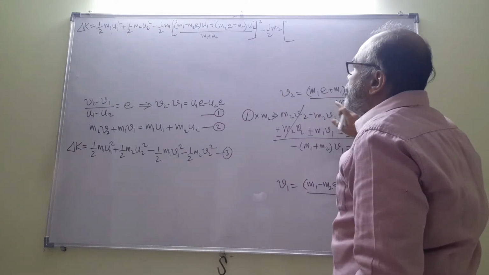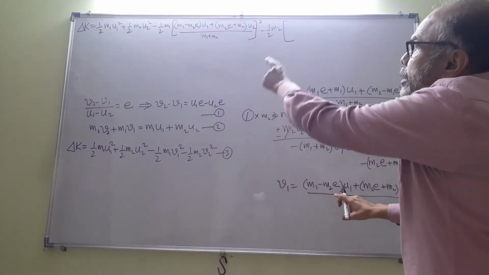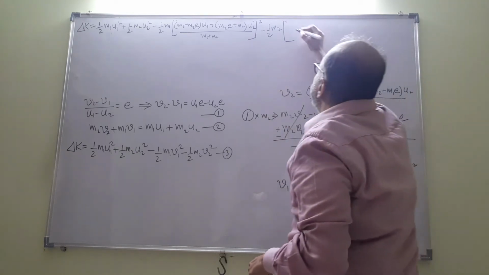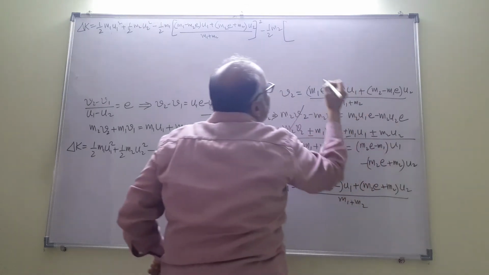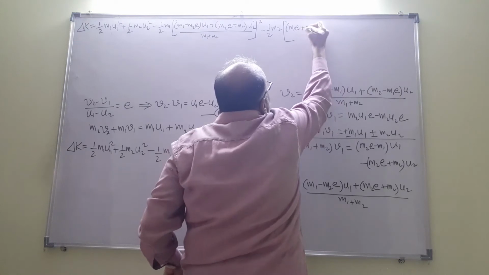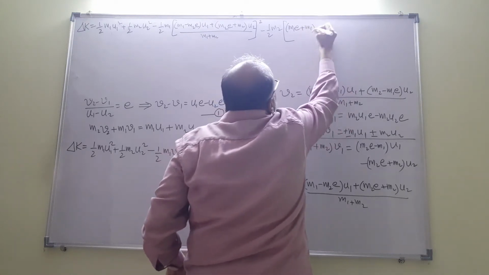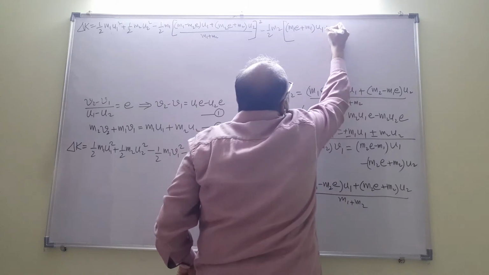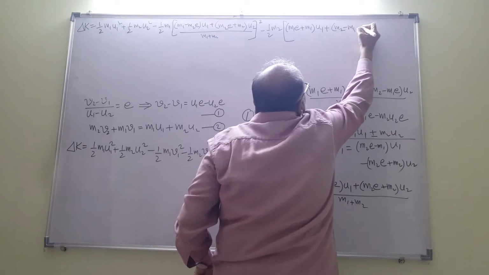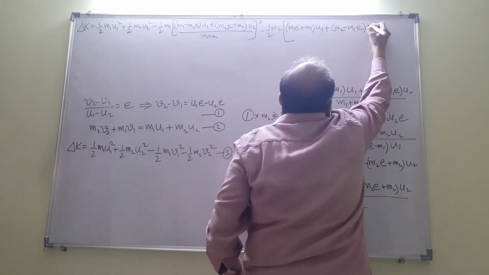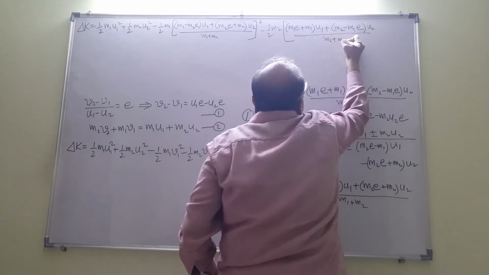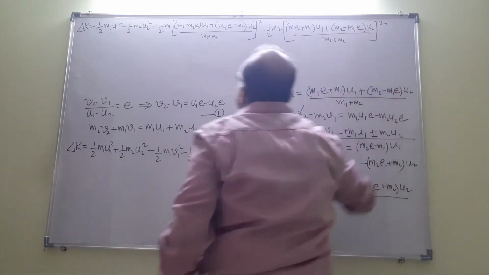We will substitute for v2 this expression: m1 (1 plus e) u1 plus (m2 minus m1 e) u2 by (m1 plus m2), the whole thing squared.